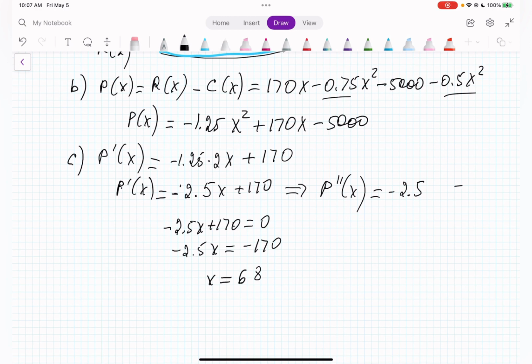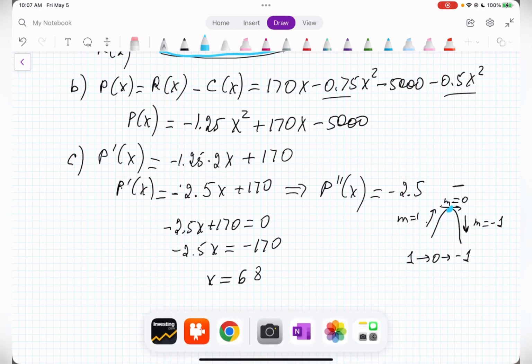Since it's negative, that means concave down, which means slope goes from positive 1 to 0 to negative 1. It's decreasing, which means concave down, and that means this critical point is a maximum. So we need to make 68 suits to maximize the profit.